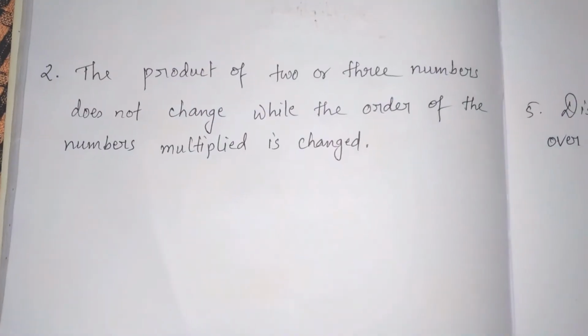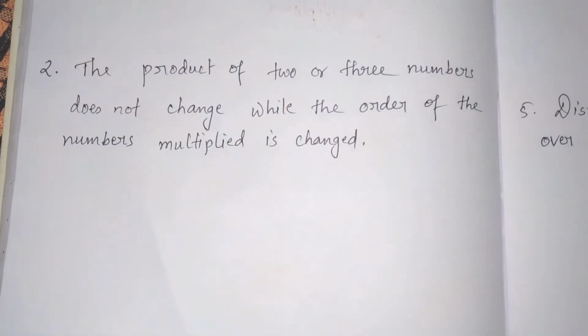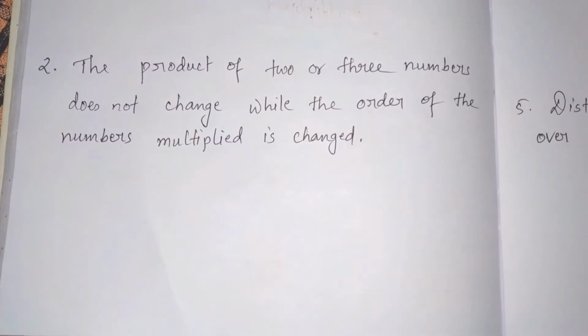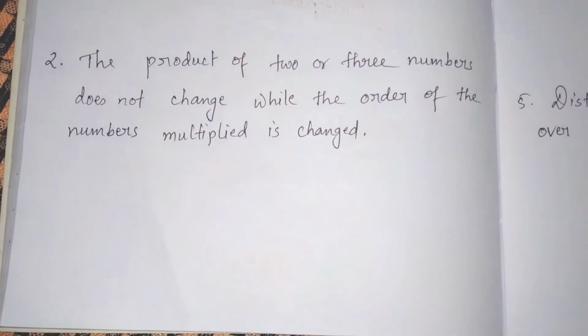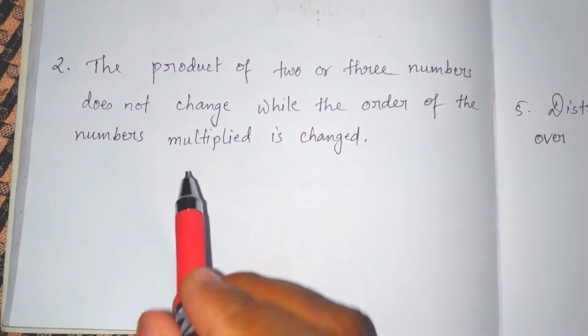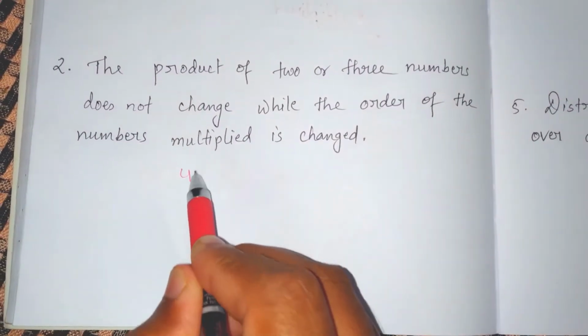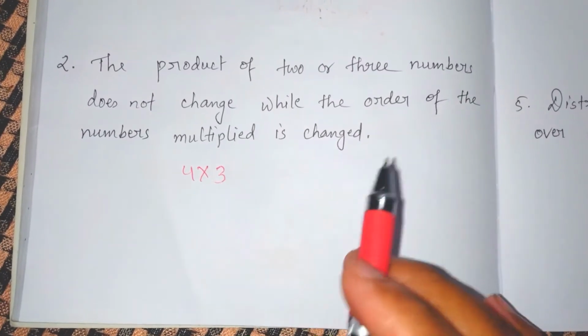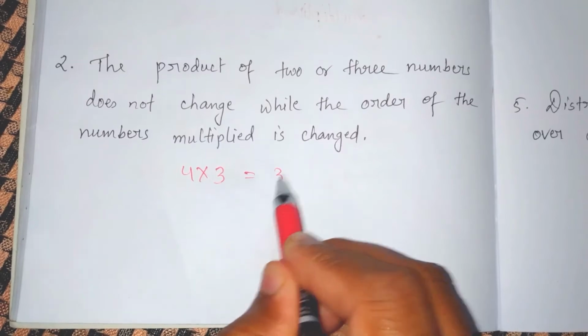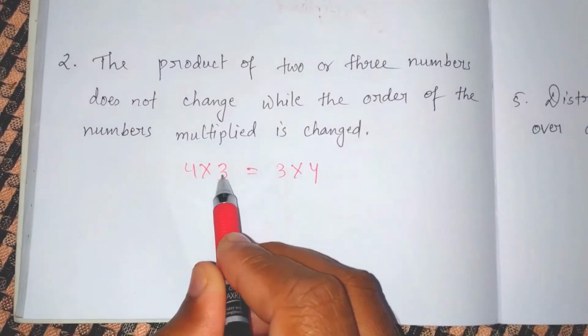Students, the second property is the product of two or three numbers does not change while the order of the numbers multiplied is changed. That means when you multiply two numbers, suppose I am multiplying 4 into 3, I will get some result. The product that I will get will be equal to 3 into 4, isn't it? 4 into 3 is 12, 3 into 4 is also 12.